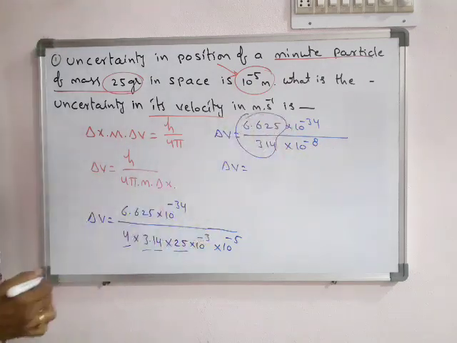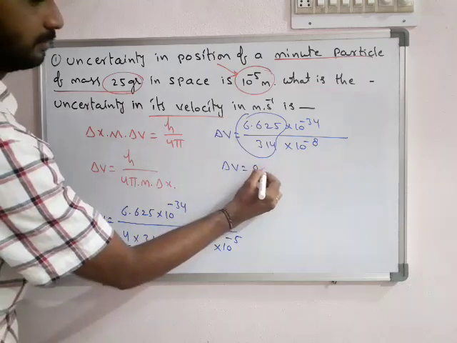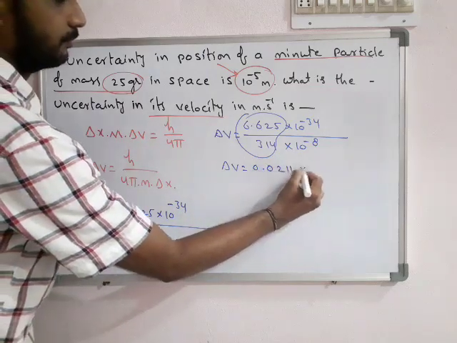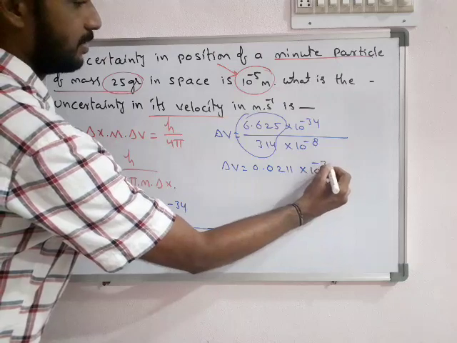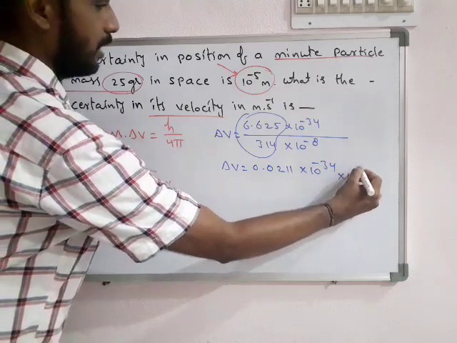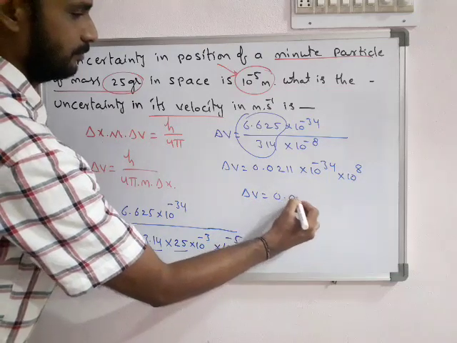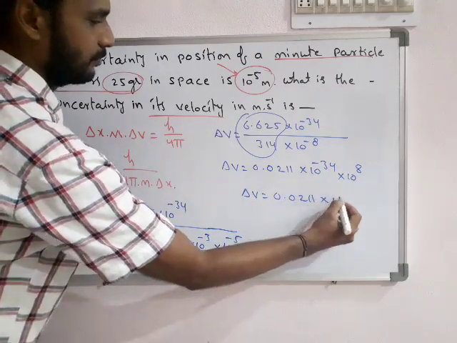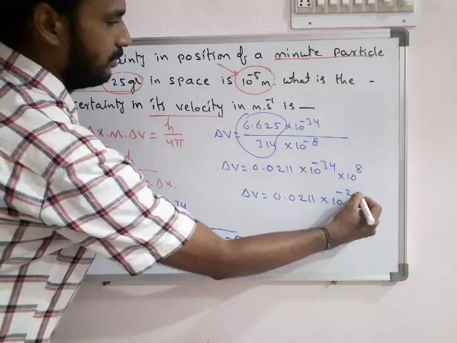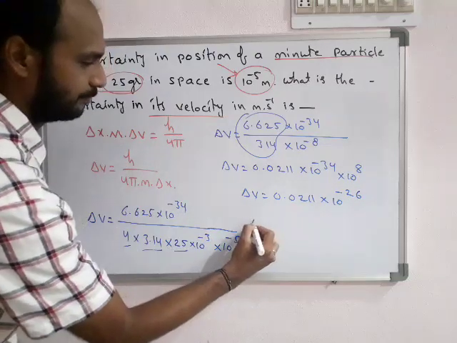So on this calculation, minus 34 becomes plus 8, and how much now? It is equal to 26.